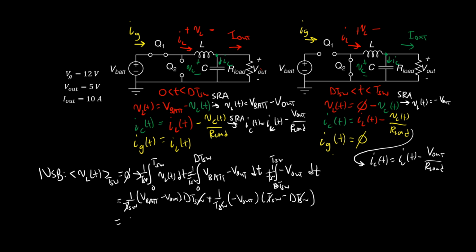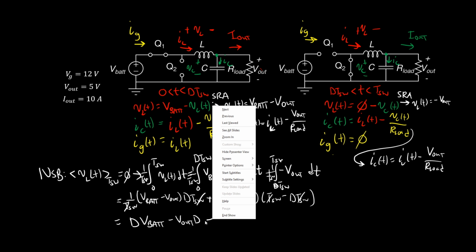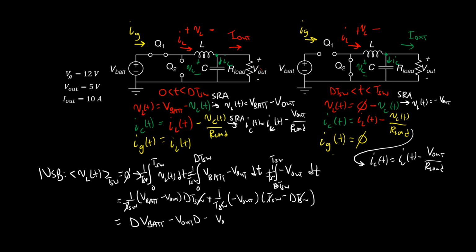So we have VBAT times D here, and we have minus Vout times D, and minus Vout times 1 minus D. Minus D plus minus 1 minus D is equal to minus 1, which means this is equal to D VBAT minus Vout.